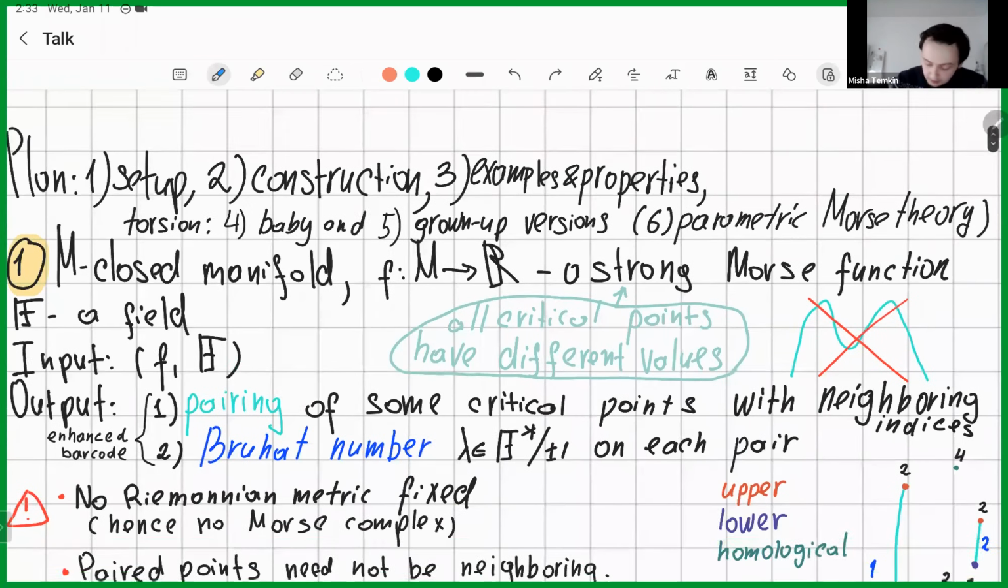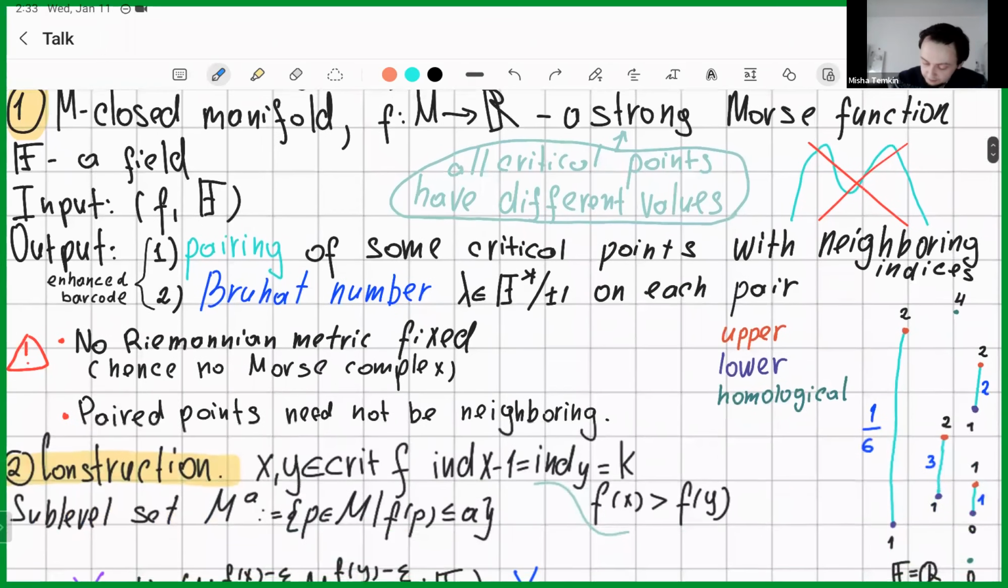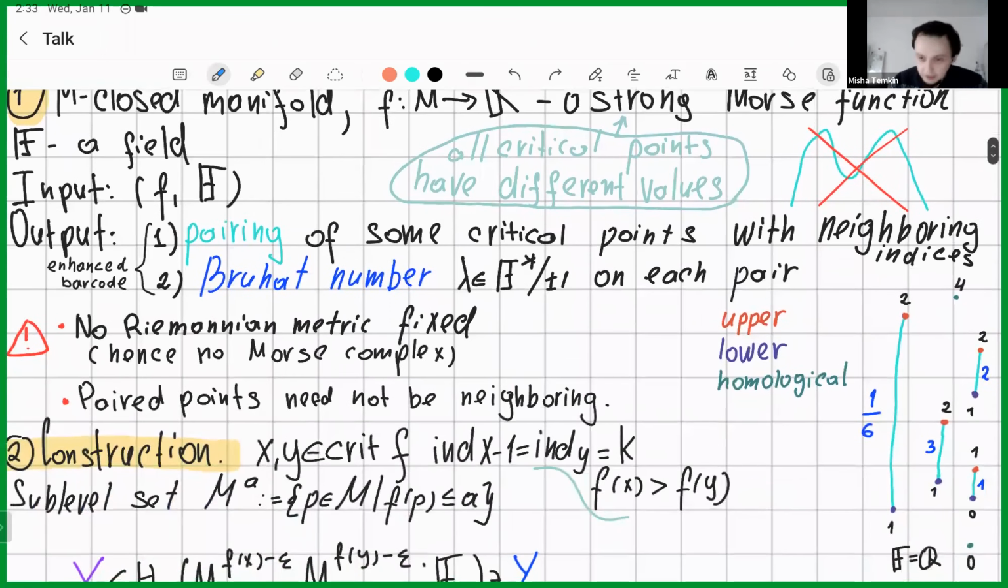So the picture of this enhanced barcode is drawn on the right. The dots depict the points. There's a natural linear order on the critical points because all the critical values are different. So the critical values and the critical points are in natural bijection. That's why we draw the critical points from bottom to top in the sense of this linear order.